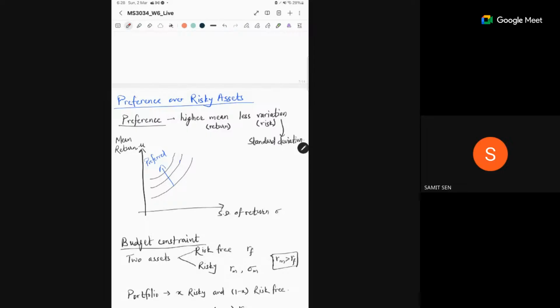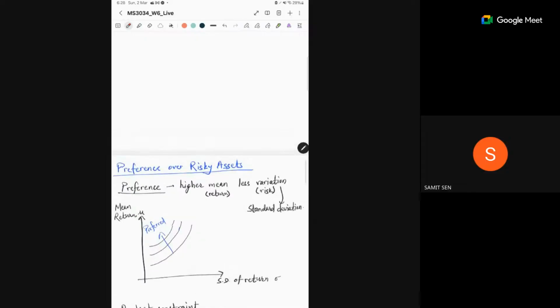Okay. So here the thing is different as compared to our previous discussion of two goods. Goods means you prefer both the things. Like the goods we took, coconut and rice. An individual like Samit would prefer both of them. But here the things have changed.